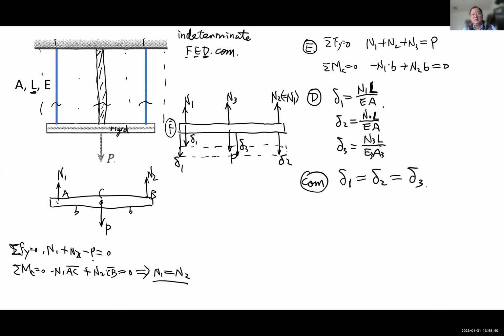So the first step I would recommend is to draw the free body diagram, and then lay out all the equations before you try to solve it. Just lay out the equations, and then you solve it. Because when you lay out the equations, you show me that you know how to do it.